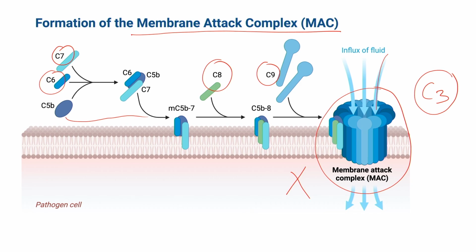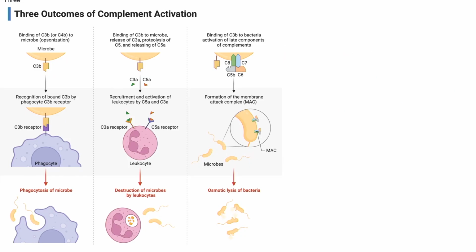Now, let us look at what complement does in order to clear the infection. These are the 3 outcomes of complement activation. The first one is called opsonization. Opsonization is a process where the complement protein binds to the pathogen to make it phagocytosed by a specific cell in the human body.